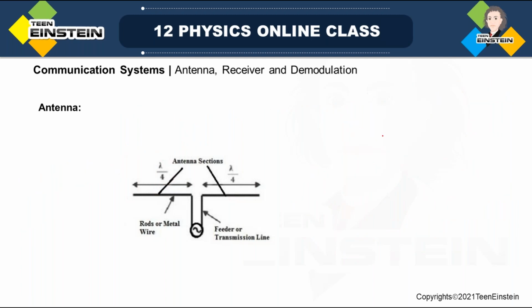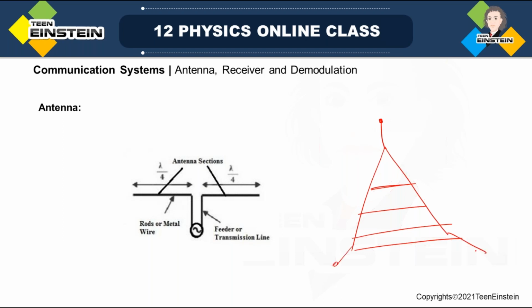Suppose you have an antenna. Antenna, as you know, is simply a metallic wire or metallic rod.